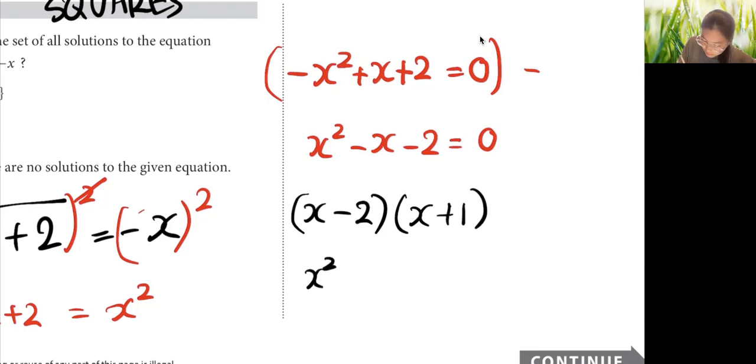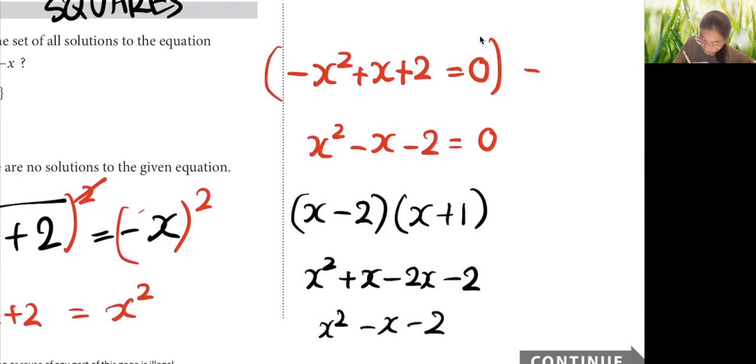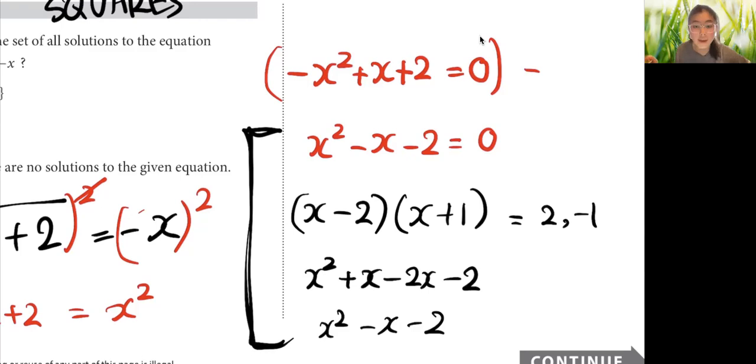So let's just expand this to make sure we're doing it right. Okay, it looks good. It's the same, so we've done it right. And we got 2 and negative 1 for x.